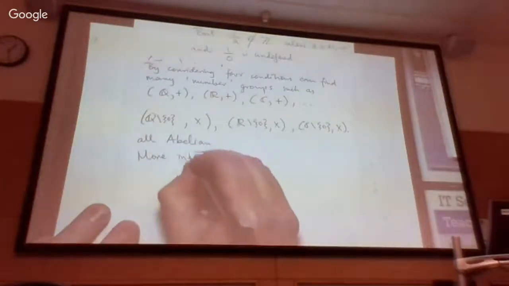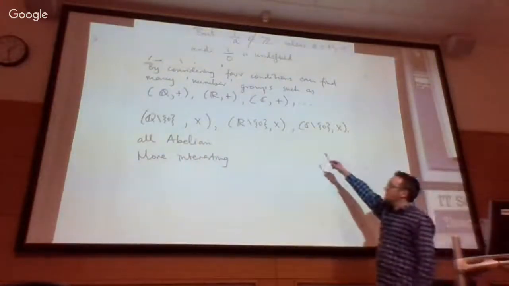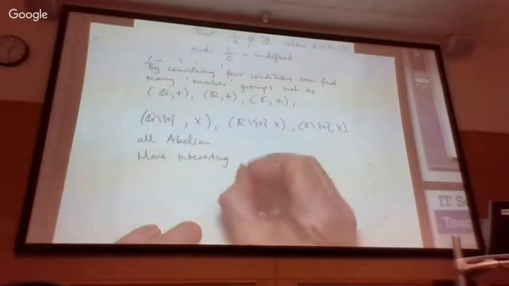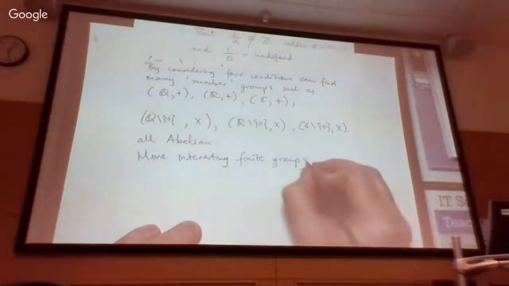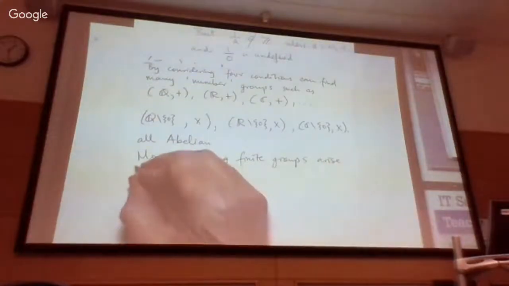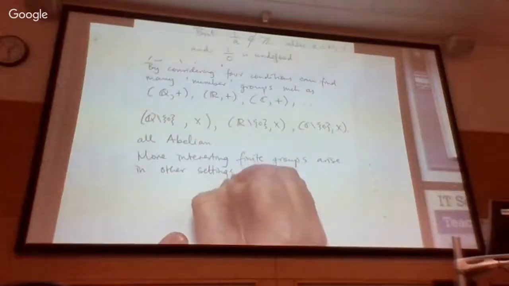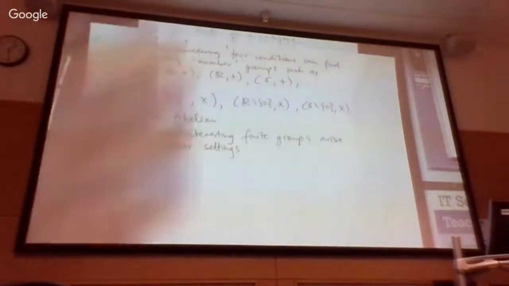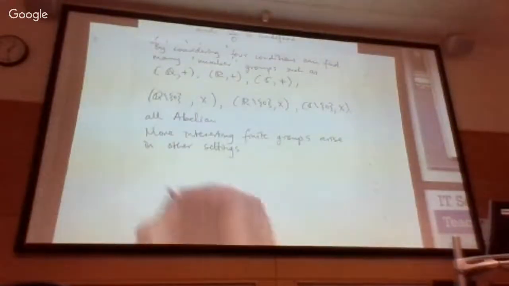Of course, these are all infinite groups. The underlying sets are infinite. The more interesting finite groups arise in other settings. And we're going to discuss a key example here, which is very different to those number-like systems.